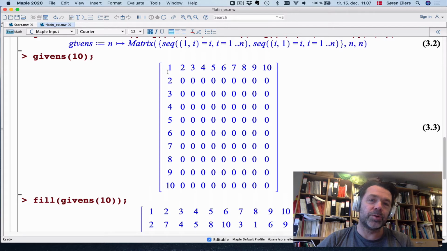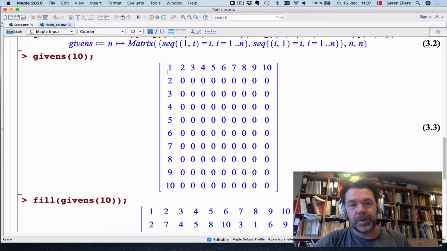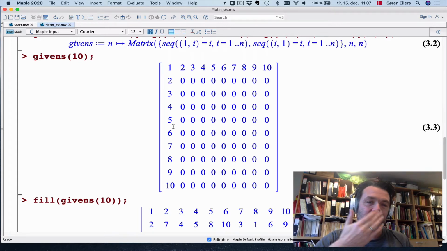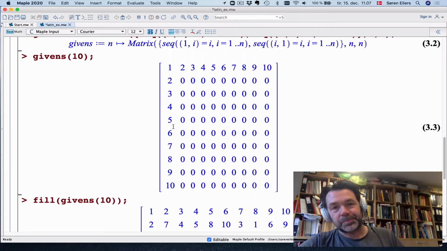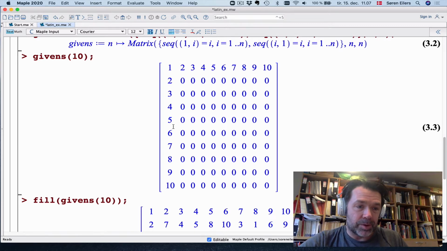So I may as well assume that the numbers in the first row and all the columns are coming one at a time, successively 1, 2, 3, 4, and I can do the same with the columns. So if I want to look at the determinant, I could make a reduction to the case of looking only at Latin squares that have been ordered this way.